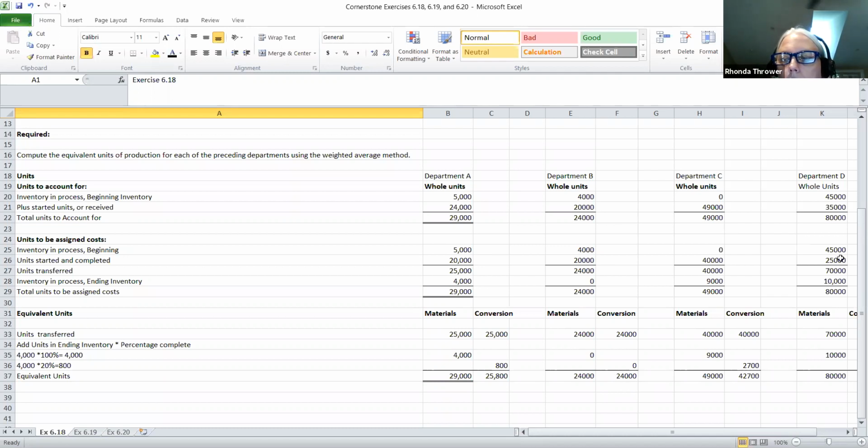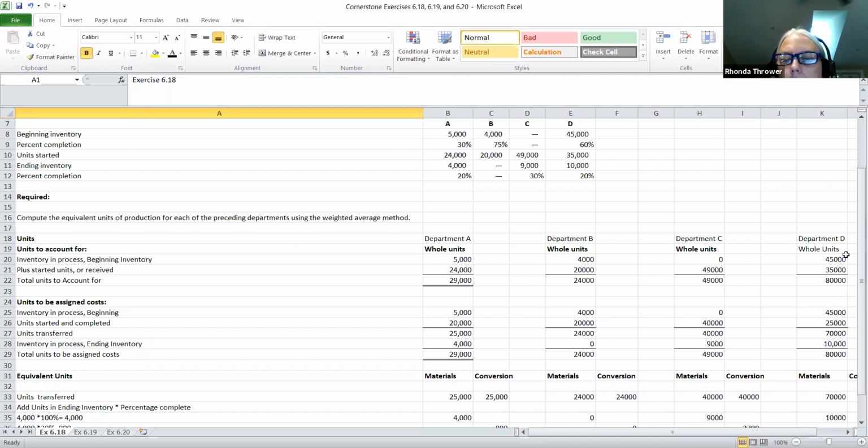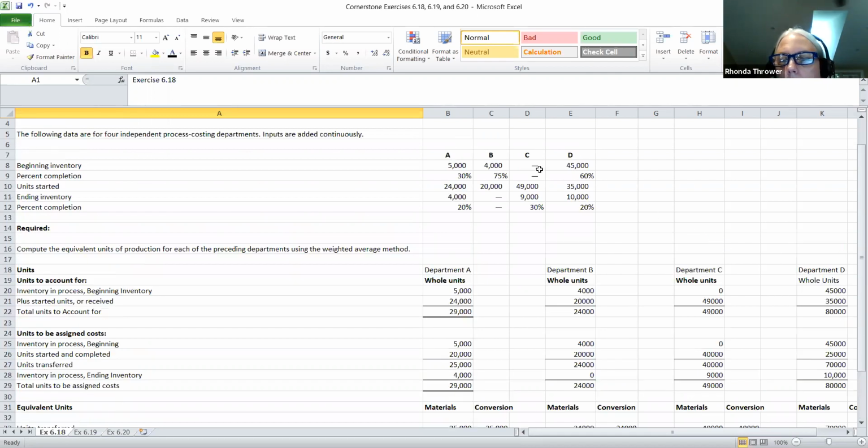And then you move on and do Department C. And in Department C, there's no beginning inventory, but we do know what units we've got started. So we plug in 0 for beginning inventory, 49,000 for those units that are started. We can add the two together to find the total units to account for, and then that would be plugged in to the total units to be assigned cost.